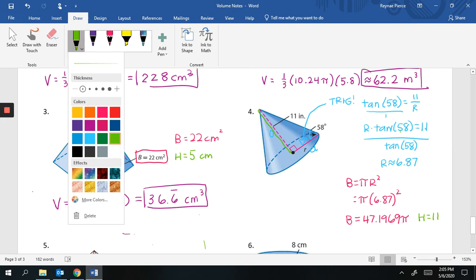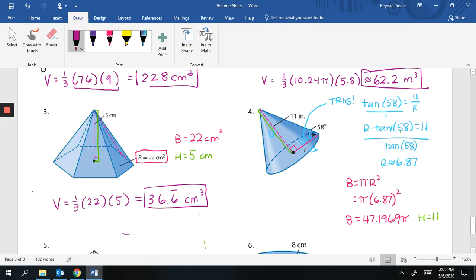And for our volume, 1/3 times the area of our base times the height, we're going to go ahead and do an approximate answer for this one. It's about 543.67 cubic inches.